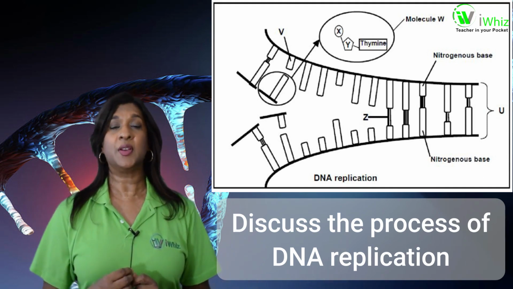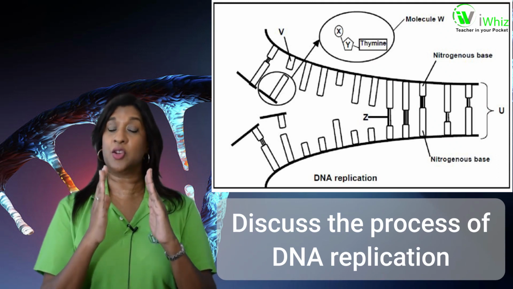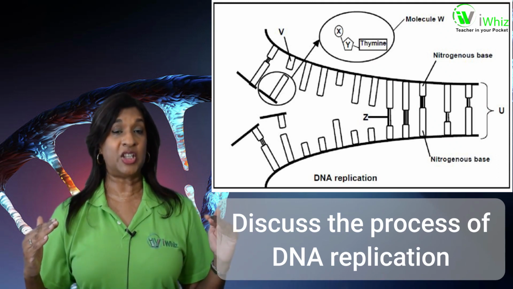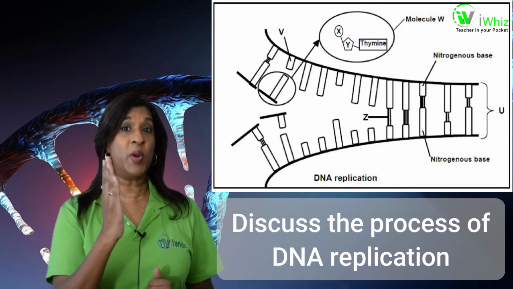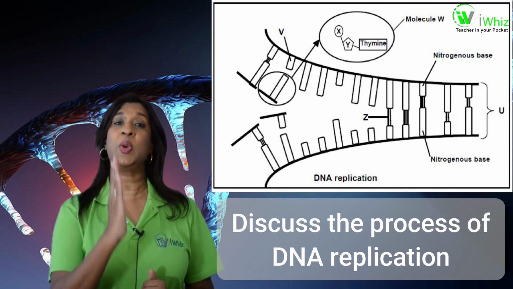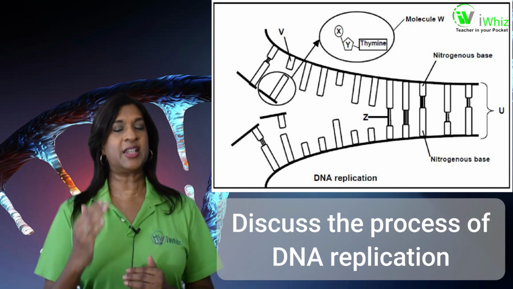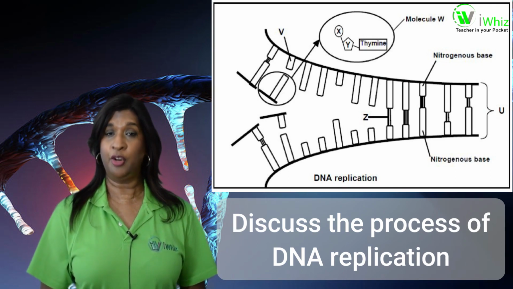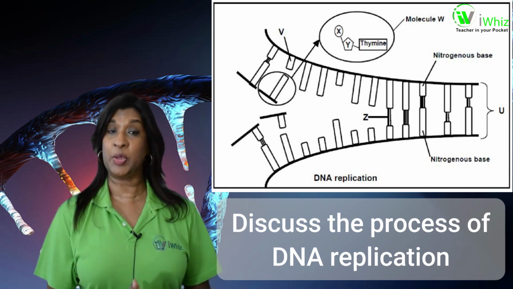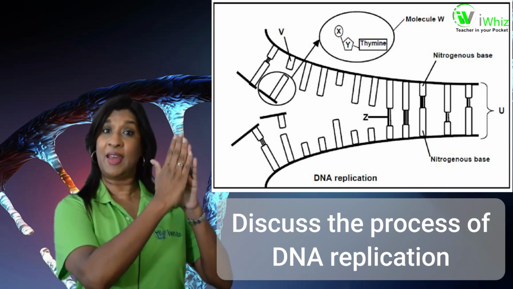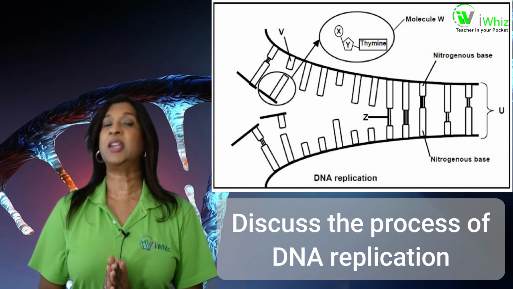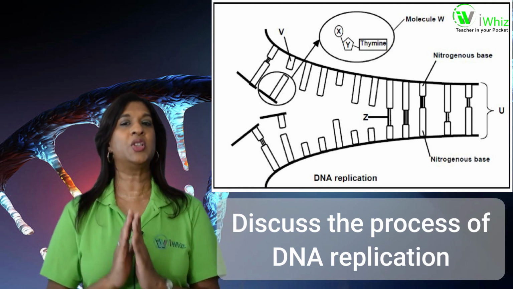Next point, the two strands of your DNA separate from each other when the weak hydrogen bonds between them break. So you can say the hydrogen bonds are breaking, or you can say DNA unzips, but you've got to say then the strands separate from each other. Then what do we say?